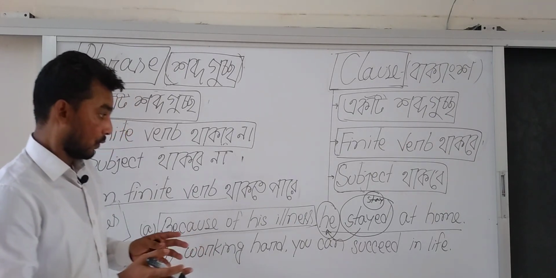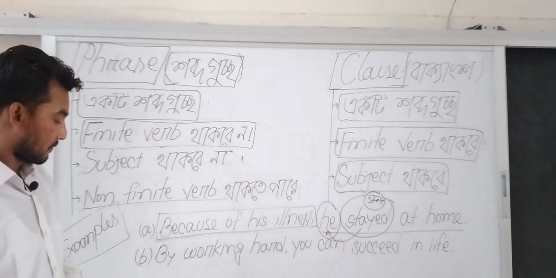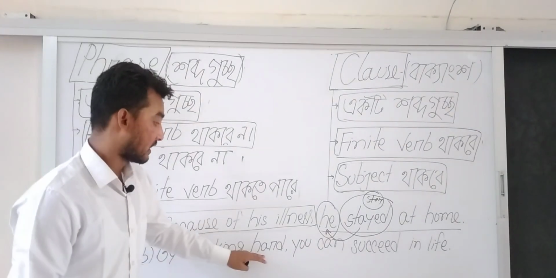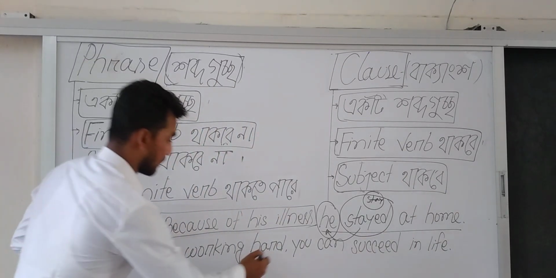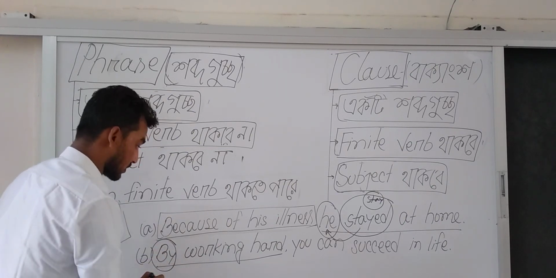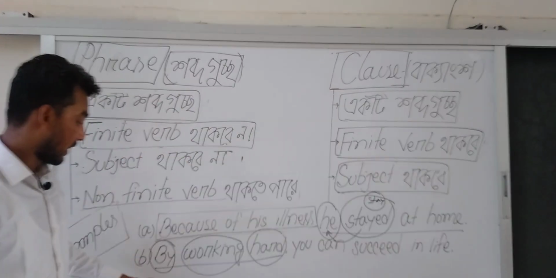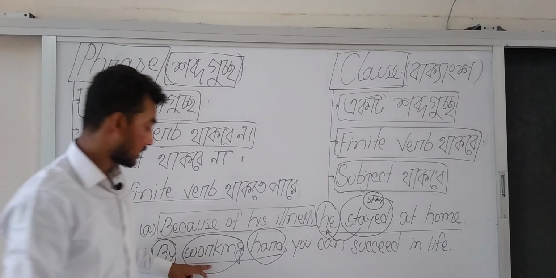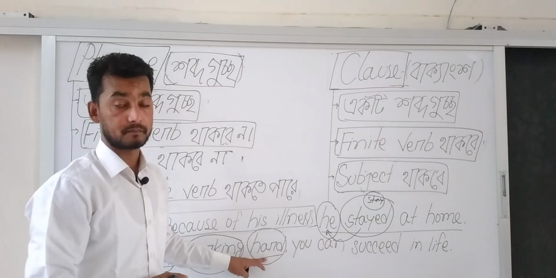Okay, now look at the last example. By working hard, you can succeed in life. At the beginning of the sentence, we find 3 words: by working hard. By is a preposition, working is a non-finite verb, hard is an adjective.